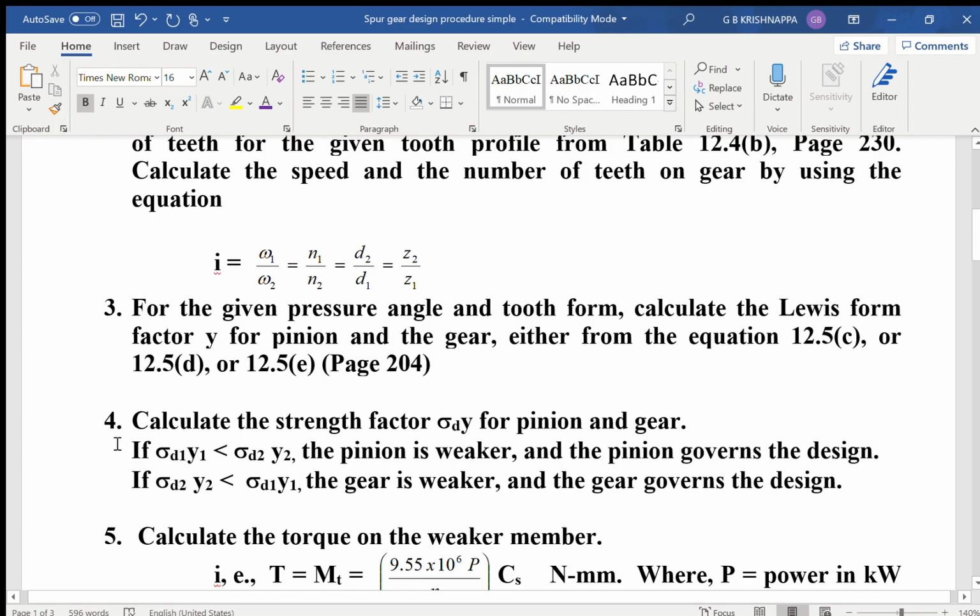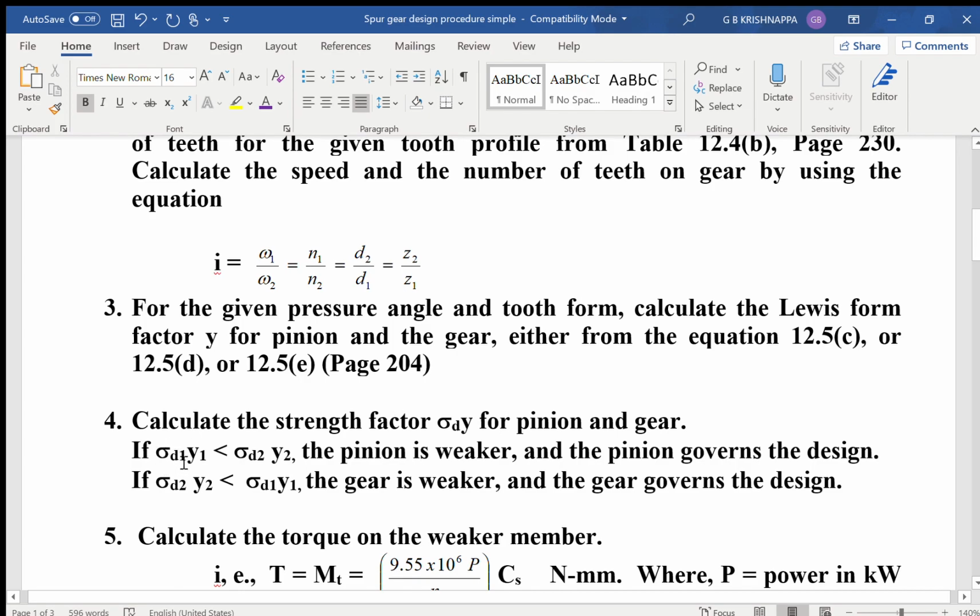Step 4. Calculate the strength factor, that is the product of sigma d and lowercase y. Sigma d is the allowable static stress, y is the Lewis form factor for pinion and the gear.